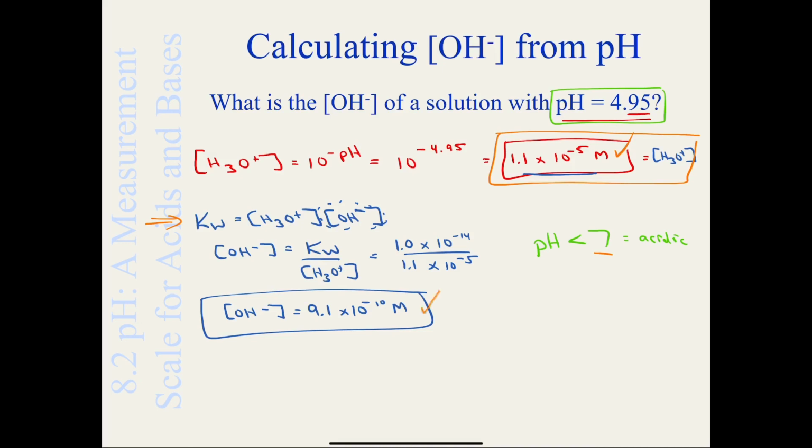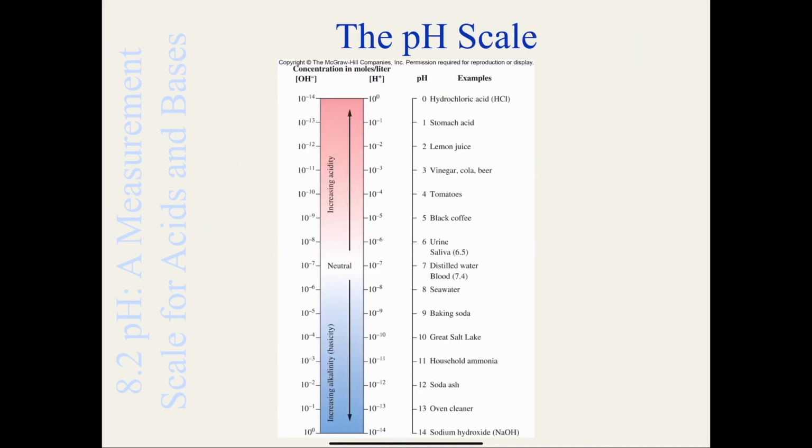This figure shows the pH scale. It's important that you understand that the lower the pH value is, the greater the concentration of hydronium. Here they've written H+, but H+ is another way of representing hydronium.